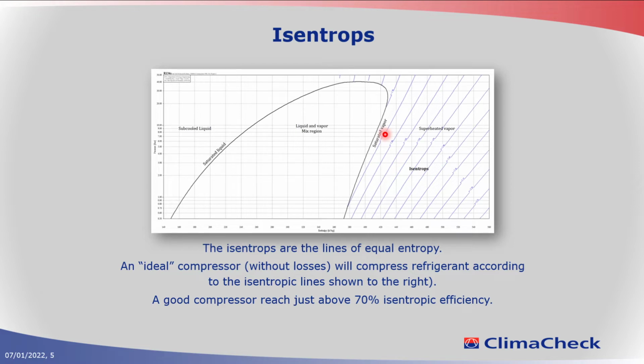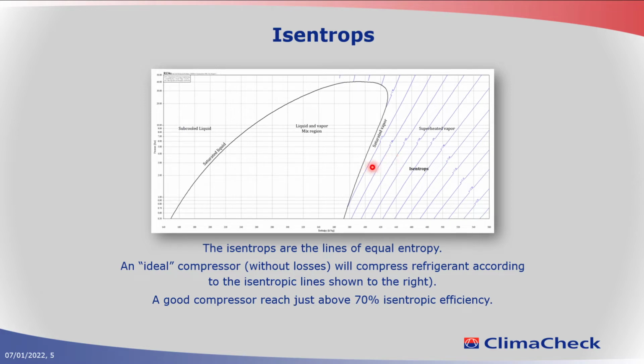A 100% perfect, loss-free compressor will then compress along this isentrope line. Of course, we always have losses in the compressor, so that means you will not compress along this line, but what we can use it for is to calculate how close we are to this line, and that will give us the isentropic compressor efficiency.